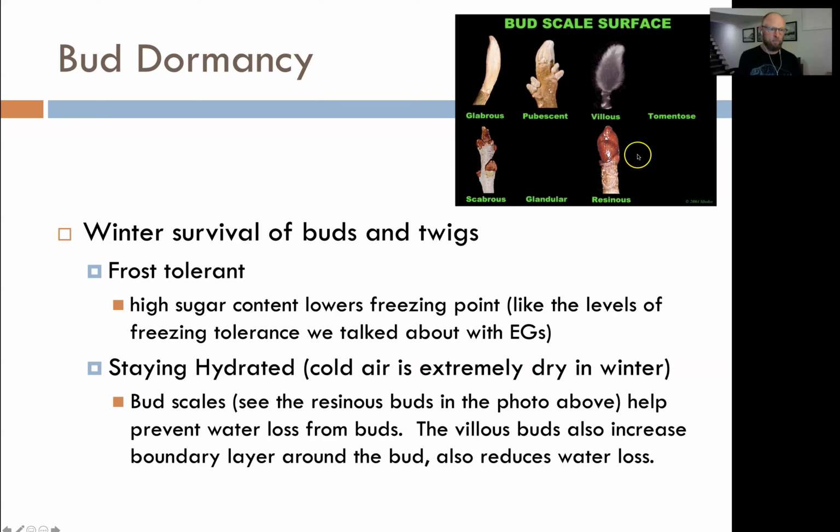This resinous bud here, the bud scales are sealed in this waxy layer, and that helps prevent water from being lost from those buds, so that helps those cells stay hydrated. And then this villous bud here, this kind of fuzzy one, all of those little hairs increase the boundary layer thickness, and so that can help slow water loss from those buds and helps them stay hydrated as well.